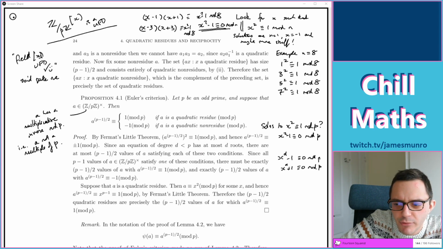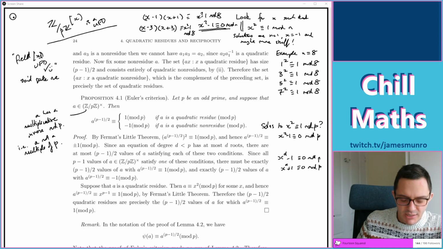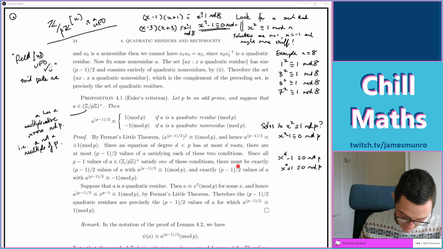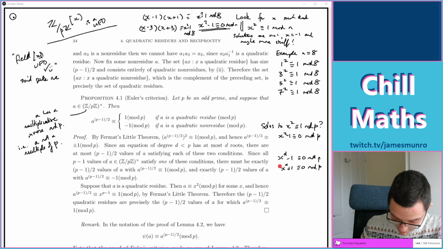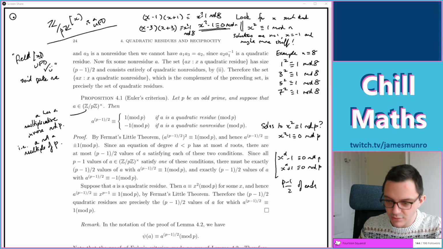Right, so in general, those things have only got a certain number of solutions each. All of the values of this satisfy one of these conditions, there must be exactly that many. Right, okay, and exactly p minus 1 over 2 values that do that one. Okay, they've all got to do one or the other, so it must be p minus 1 over 2 of each.